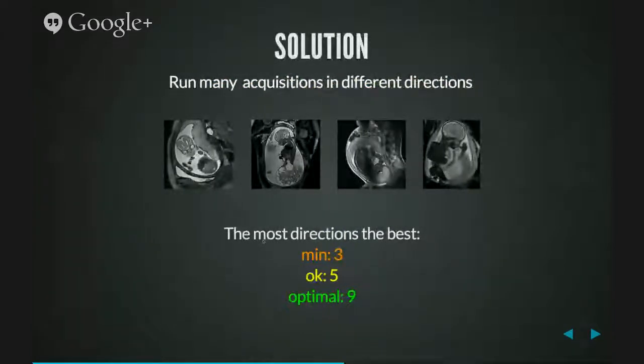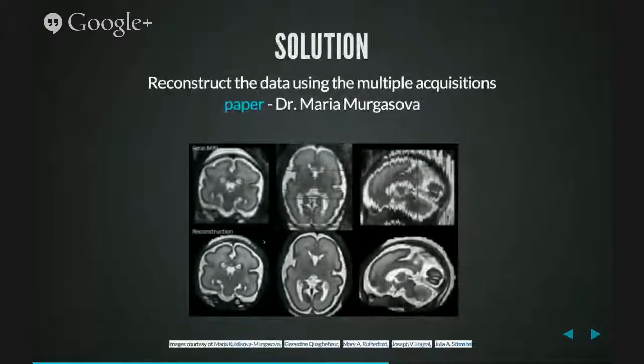So the solution is to get as much data as we can in as many directions as possible. So in general, we recommend having 9 scans of the baby's brain in 9 different directions, and from those nine scans, we can run a reconstruction algorithm, which is going to reconstruct the data and make it look nice and make it usable.